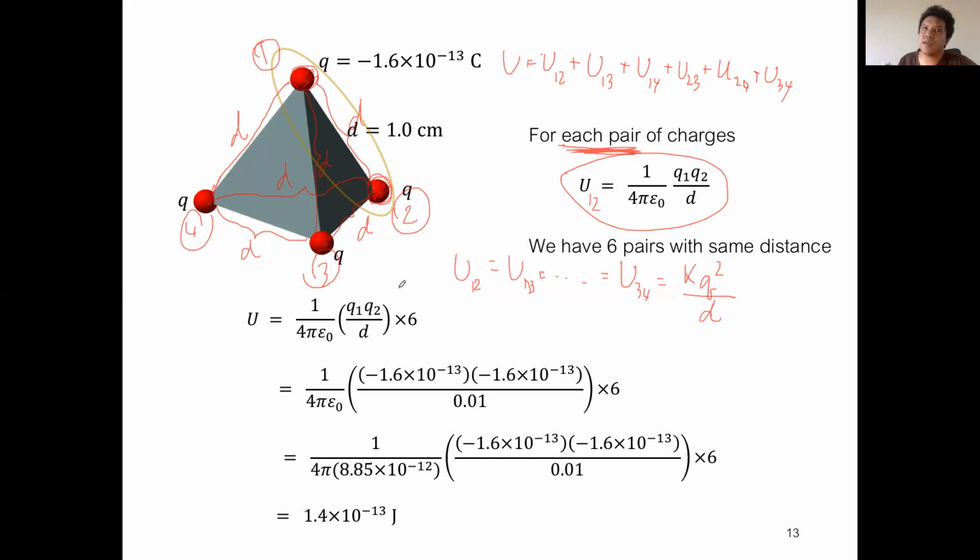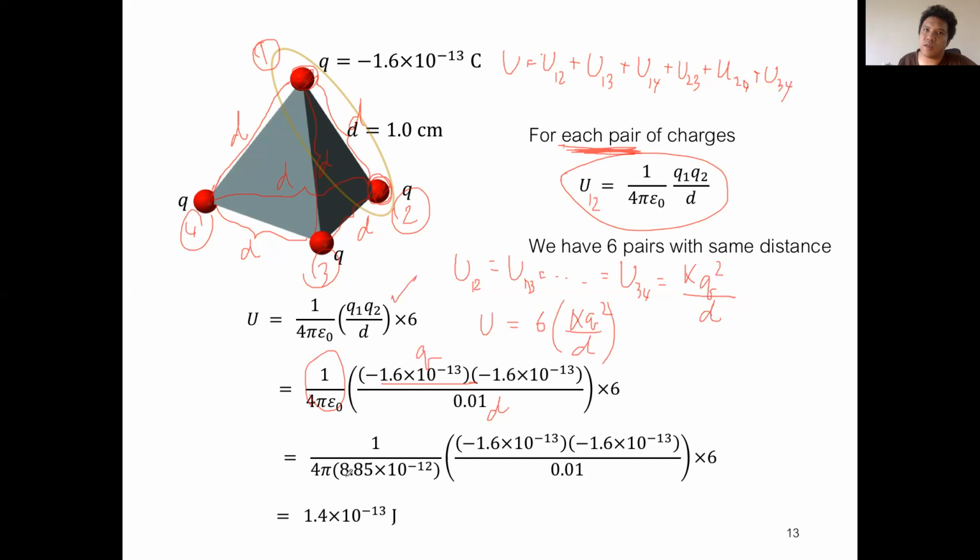So in order to find the total potential energy, we just need to multiply by 6, so 6 times kq square over d. It's the same as we mentioned in the slides. Then we substitute the q values, the d values, and the constant.